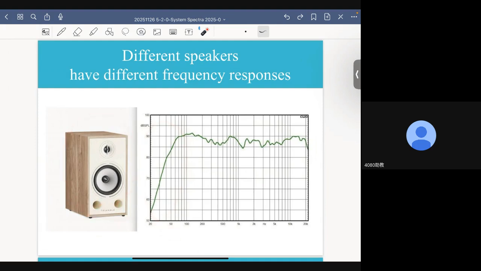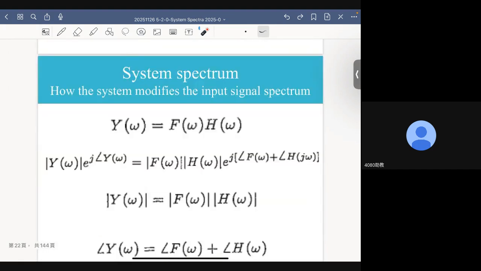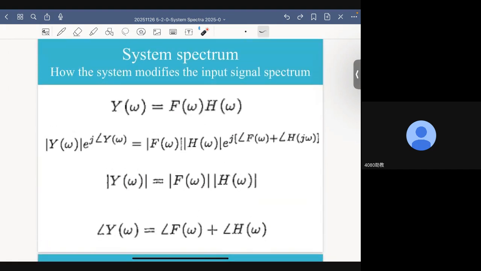Because it is simply not large enough. Physically it is incapable of producing very deep bass. All right. Okay. So let me draw a conclusion here for the amplitude spectrum. The amplitude spectrum tells us how the system modifies the input signal spectrum.